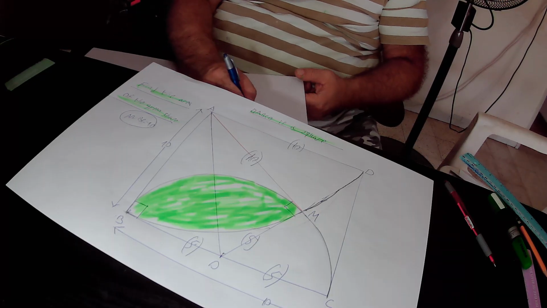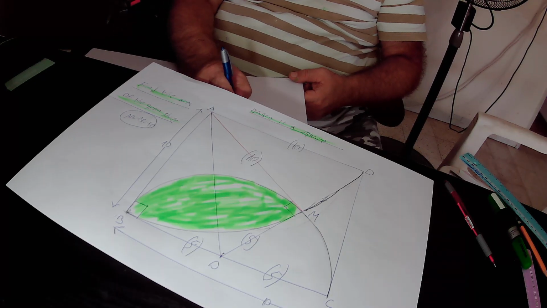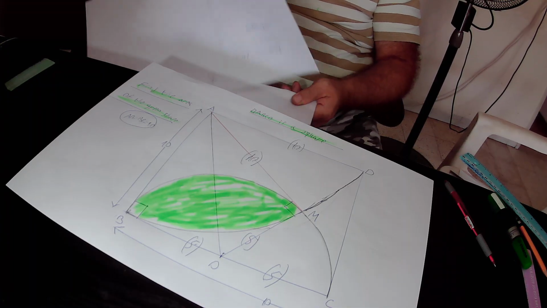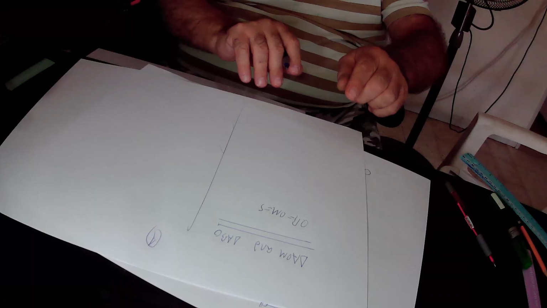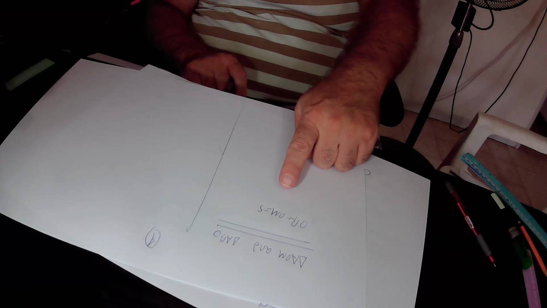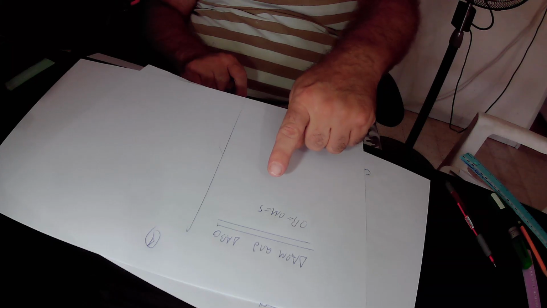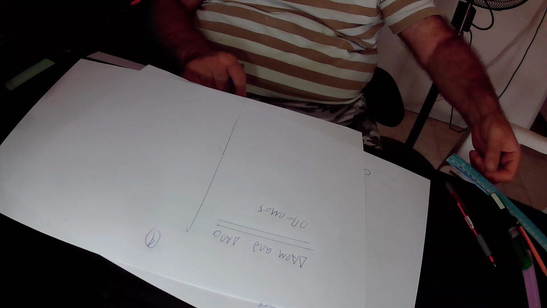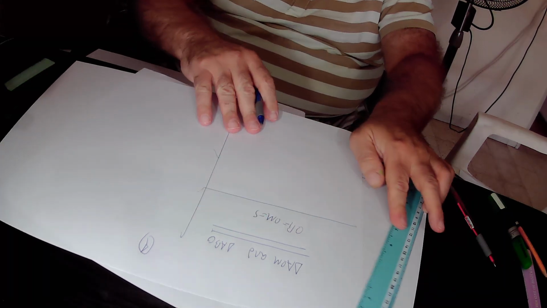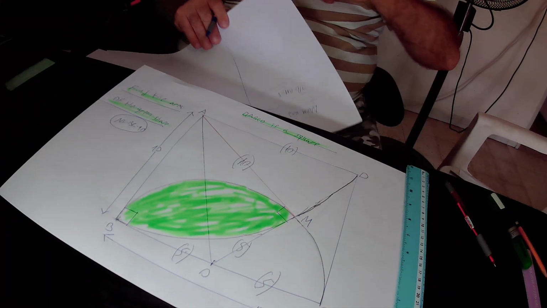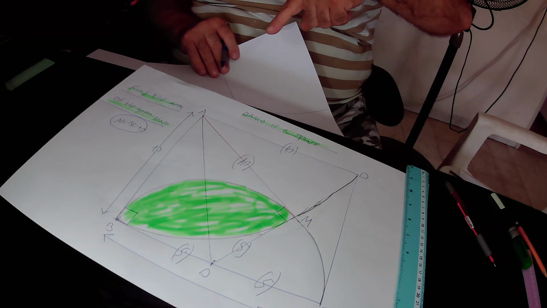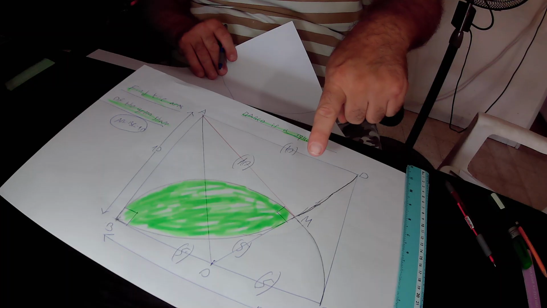So, OB equals OM equals 5. In addition, we have side AB of the right triangle ABO is equal to side AM of the right triangle AOM.